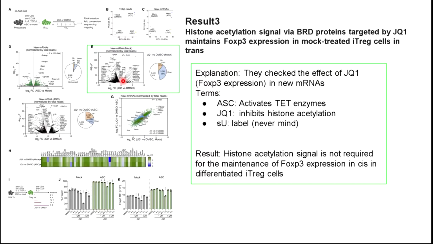So the long-term effects suggest that it is regulated by a trans mechanism. Put together, this result suggests that histone acetylation signal is not required for maintenance of Foxp3 expression in cis in differentiated iTreg cells.